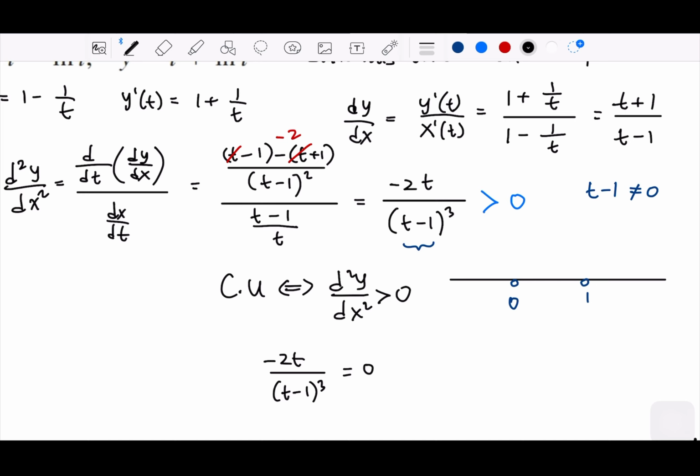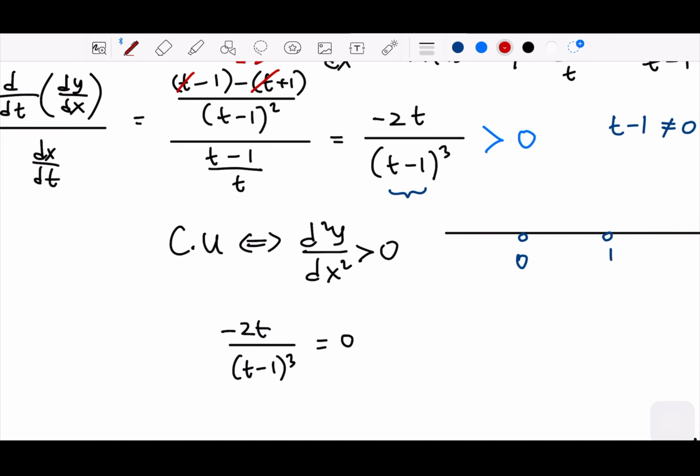But then we need to make sure that our number line is positive. We need to make sure that this is going to be positive. So the one that makes the expression positive is in this area, right? Because it's a cube, whatever point you put in that makes the base negative, when you take the power of 3, it will be negative.